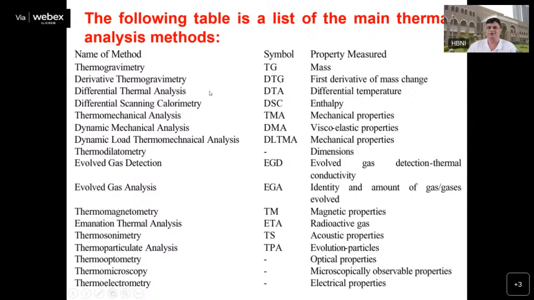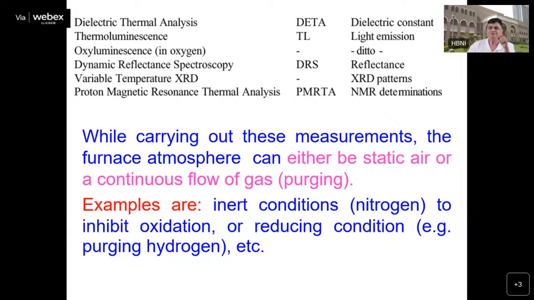Then derivative thermogravimetry, where the first derivative of the mass change is called DTG. Then differential thermal analysis, DTA, that is differential temperature. In DSC, we are looking at the enthalpy. And then thermomechanical analysis, which measures mechanical properties. So various methods are there, and these are the properties measured by these methods. All these methods come under thermal analysis.